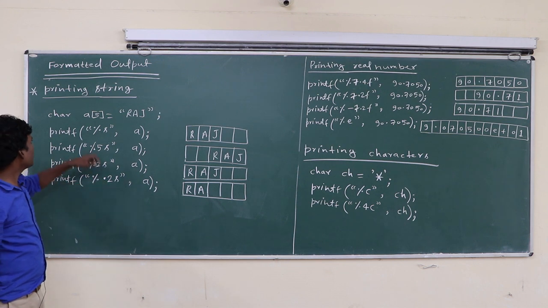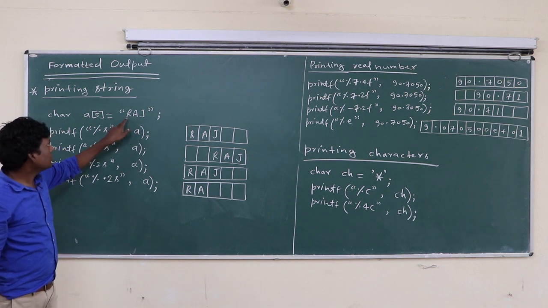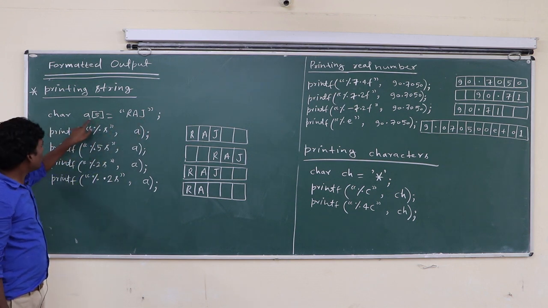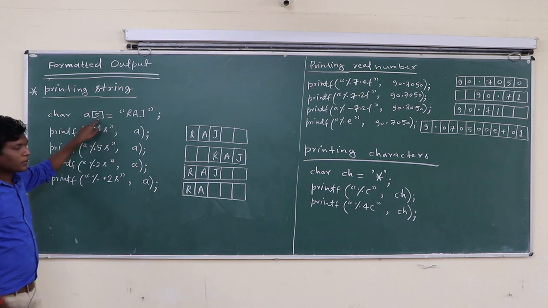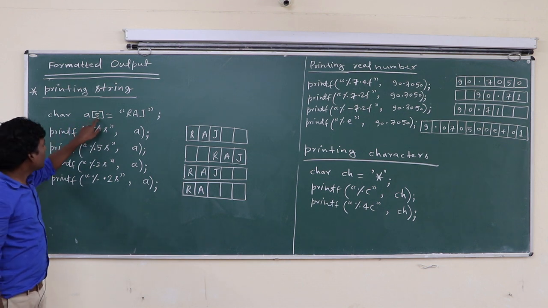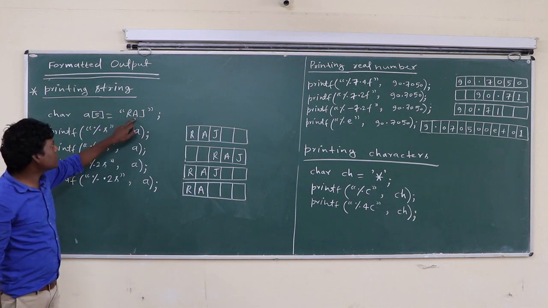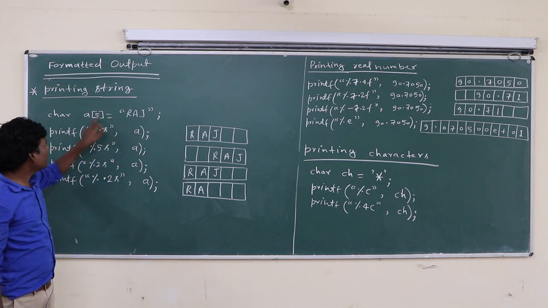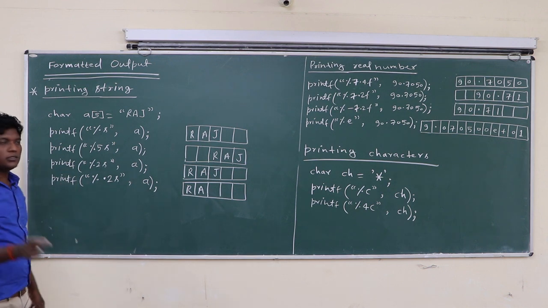Okay, let us see. Here char a[5] = "Raj". This is the string constant and this is the array of characters, which is called a string. So a is an array of characters. It contains at most 5 elements. This is the string constant in array a. a has Raj.